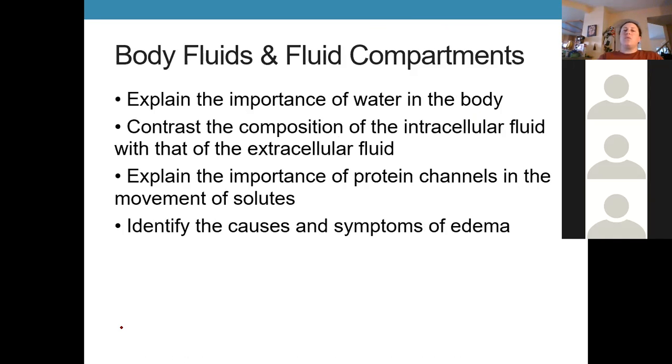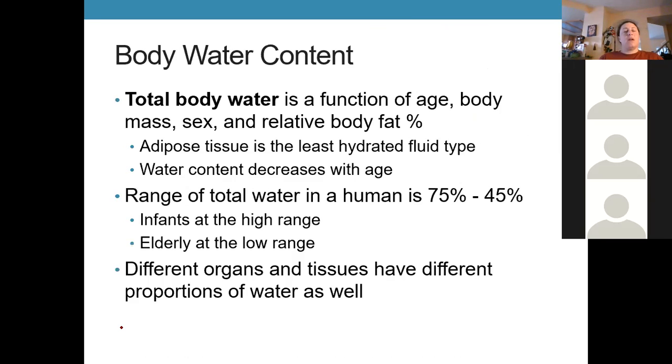All right, so fluid compartments. We're going to go over how fluid is compartmentalized in the body. When we look at the amount of water that makes up a human being, we call that total body water.